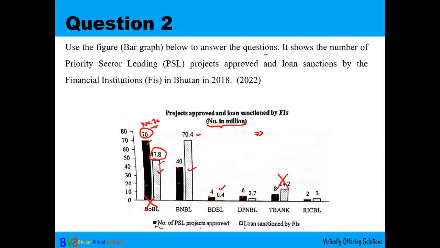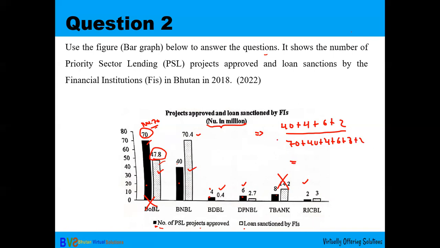So the projects approved in total, you are left with 40 plus 4 plus 6 plus 2. So divided by the total. For the total, you have to include BOBL and TBank. So it will be 70 plus 40 plus 4 plus 6 plus 8 plus 2, right?